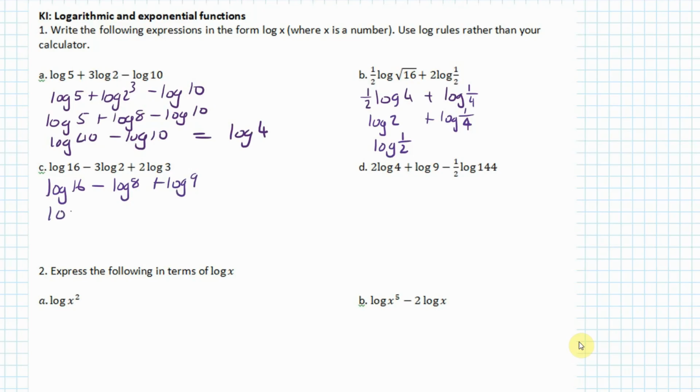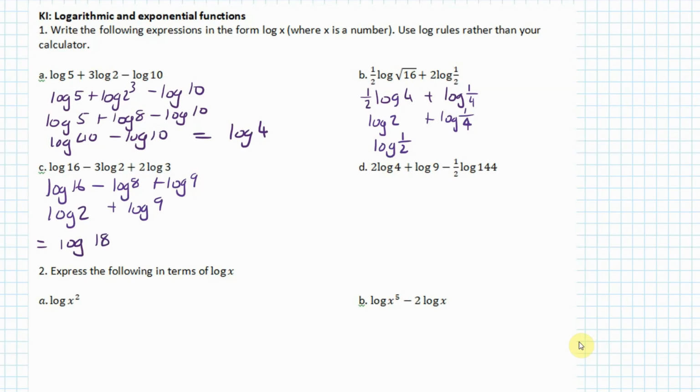At this point, I would go log 16 minus log, no, what I would do here is I would go log 16 over 8, which is log 16 over 8 is 2. And then equals log 18.